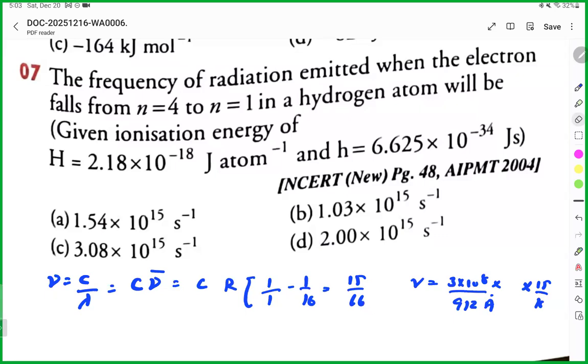So 3 into 10 raised to power 15, C. Yes, sir. All of you got this answer? Option D. Option B, 1 into 10 raised to power.